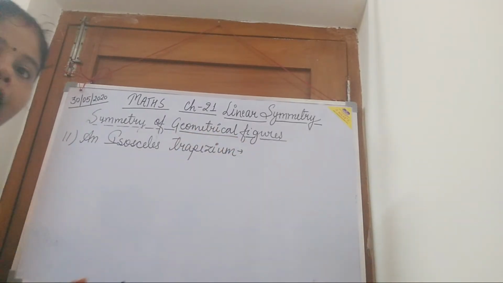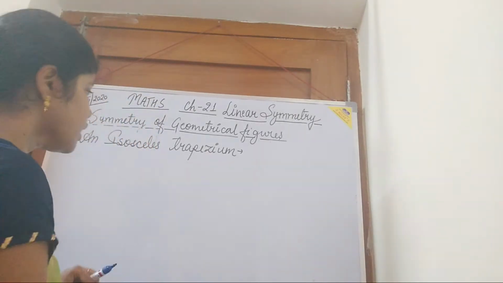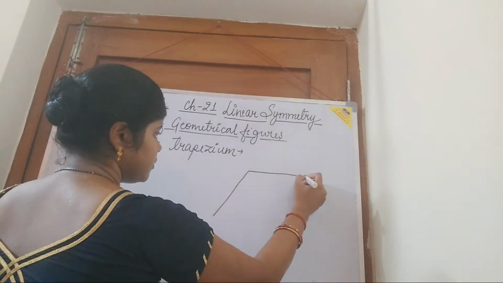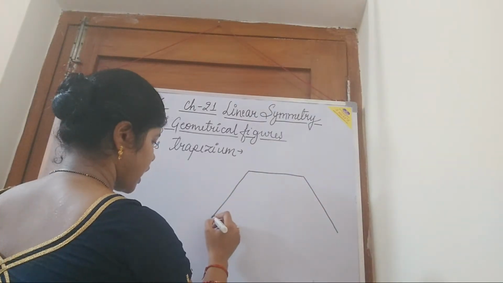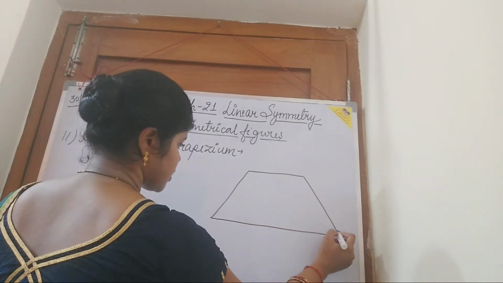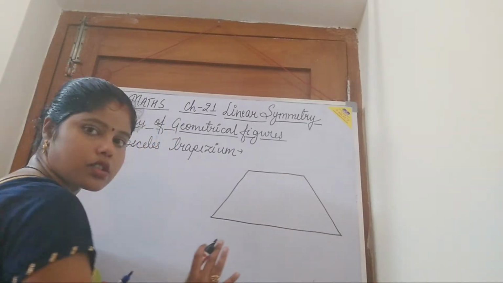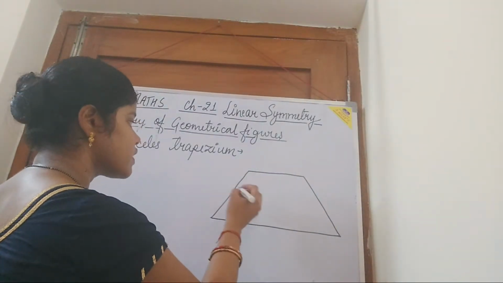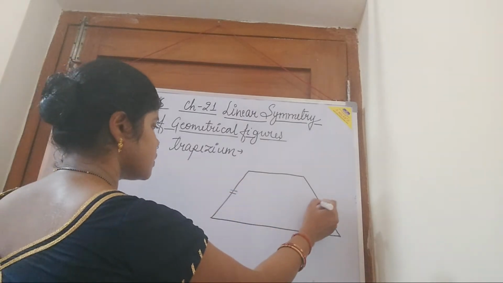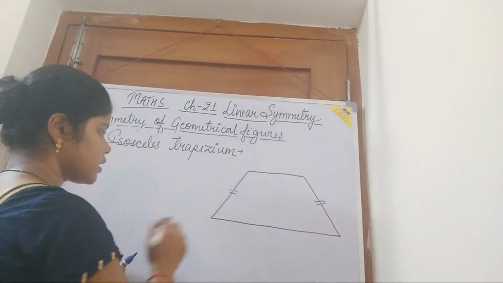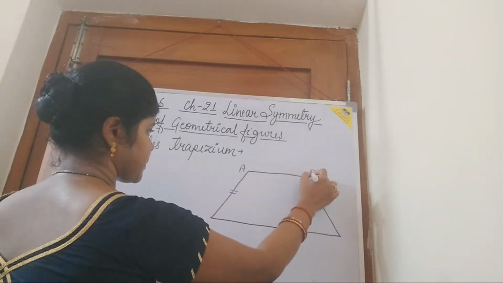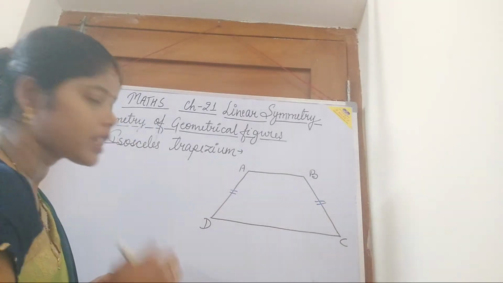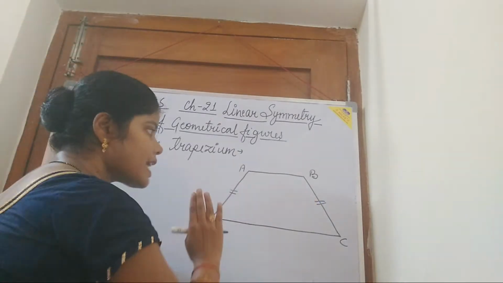In the beginning I had explained what an isosceles trapezium is. So here we are going to draw the trapezium where we have two opposite parallel sides which are unequal in length, and non-parallel sides which are equal in length. So these two sides are equal in length. So for this figure, the non-parallel sides are equal.